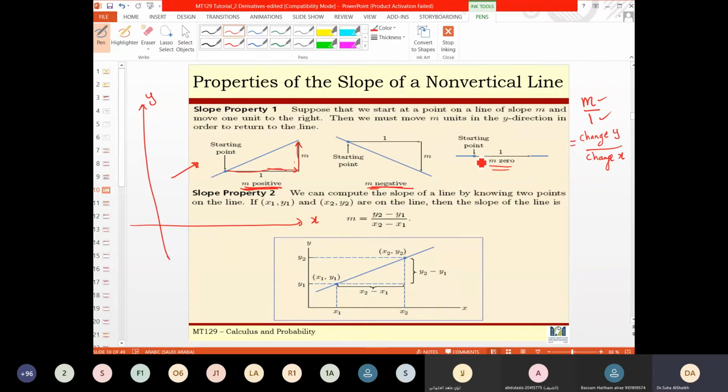If m is exactly 0, it's not up, not down, my line is horizontal. And this is one of the most important relations, the change in y over the change in x. This will give me the slope. m is equal to y2 minus y1 divided by x2 minus x1, which is the change in y by the change in x.